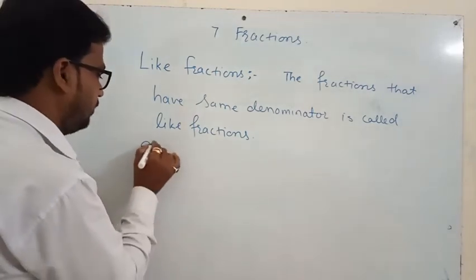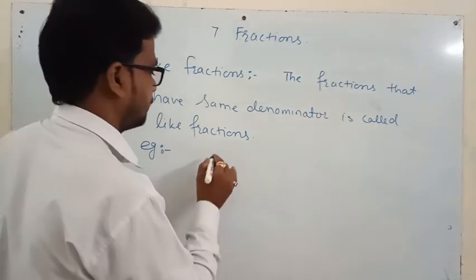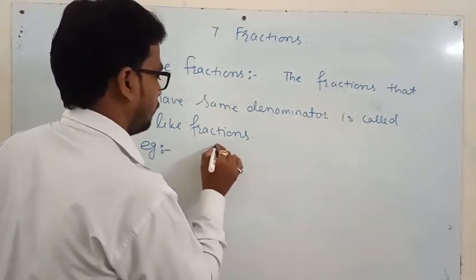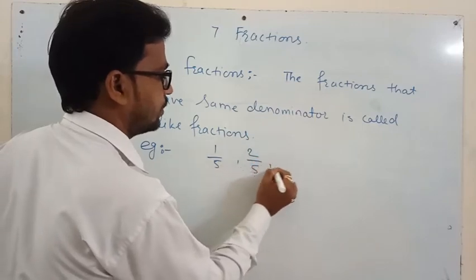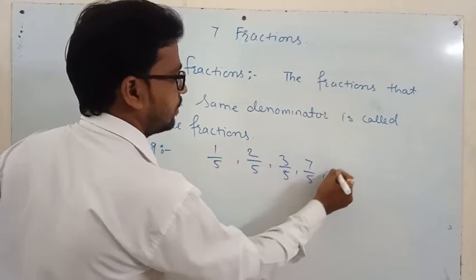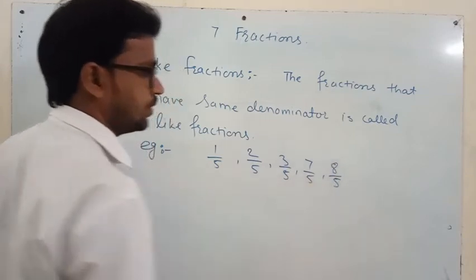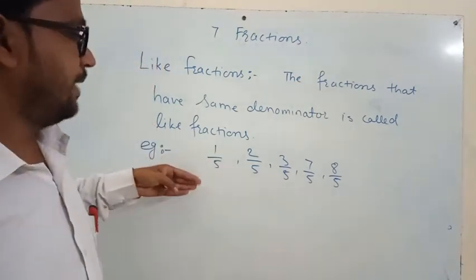For example, suppose 1 by 5, 2 by 5, 3 by 5, 7 by 5, 8 by 5. What is the main thing here?